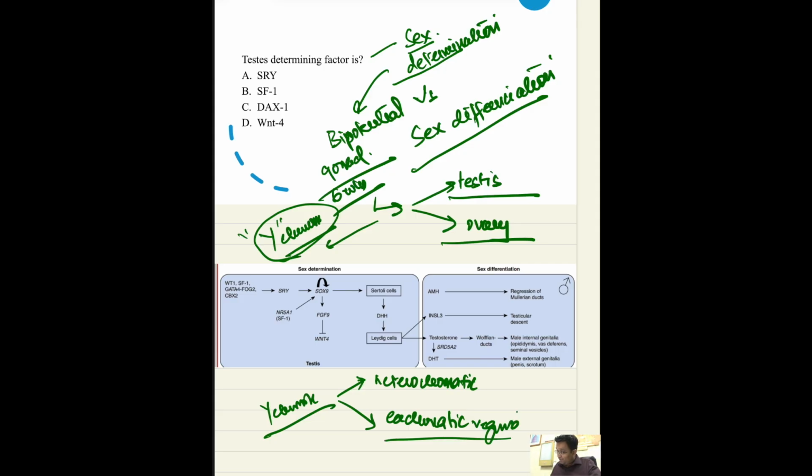And this euchromatic region actually contains the SRY gene in the pseudo-autosomal region. And this is known as the testis determining factor.